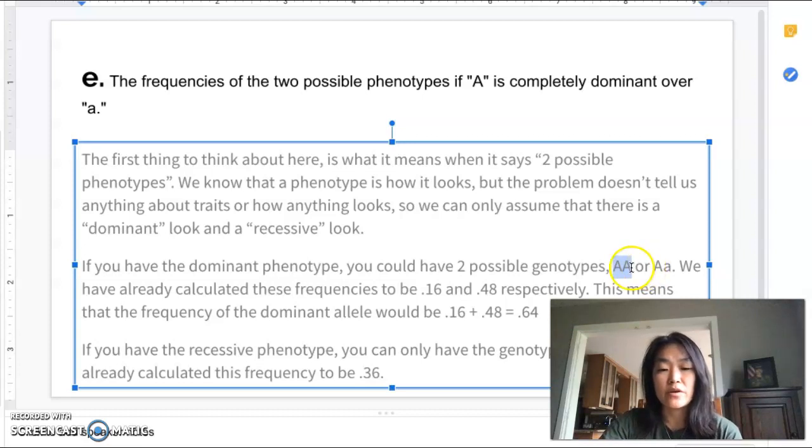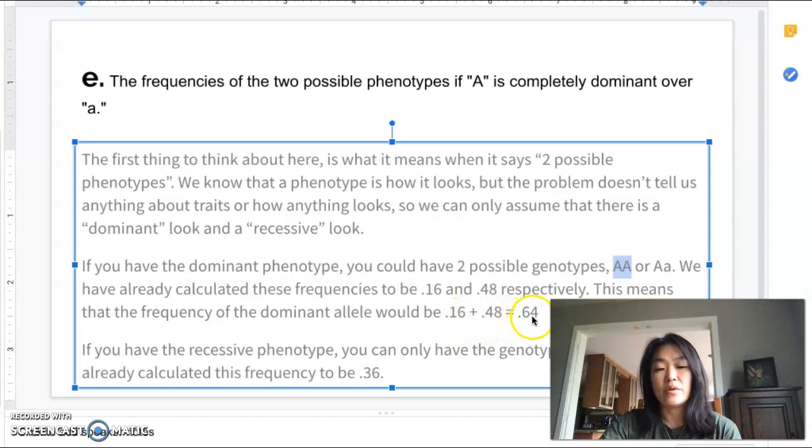Okay, as far as this top one, we've already calculated the frequencies. We already know that the frequency of homozygous dominant is 0.16, and we already know that the frequency of heterozygous is 0.48. So for the frequency of having this dominant phenotype, we're going to add these two together: the homozygous dominant frequency and the heterozygous, the 2pq frequency.